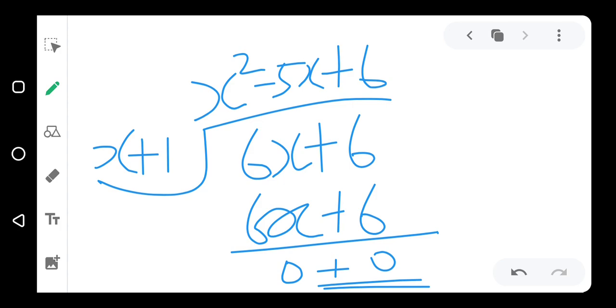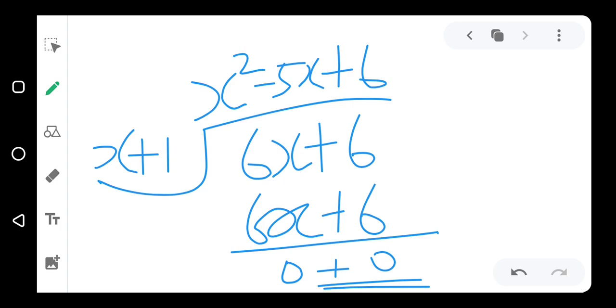This is another way of confirming whether the term given to us is a factor of the polynomial. You either use long division to check if you get 0 at the end of it, or you put the x value into the polynomial and see if you get 0. We did this in the previous lesson on factor theorem.